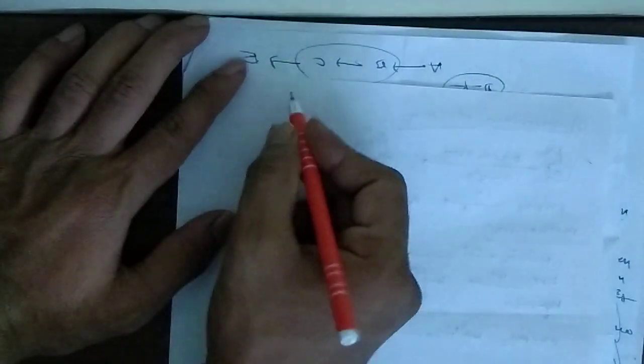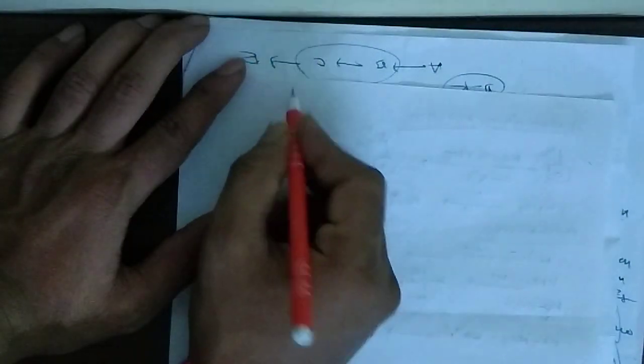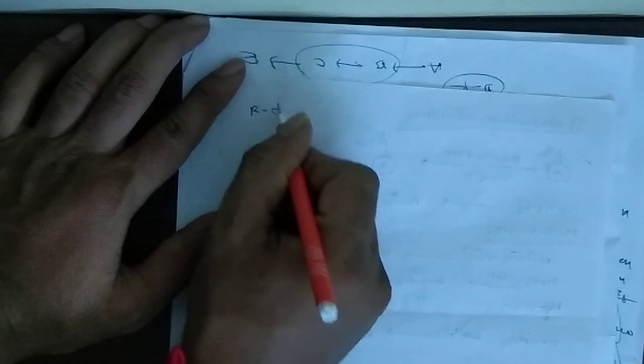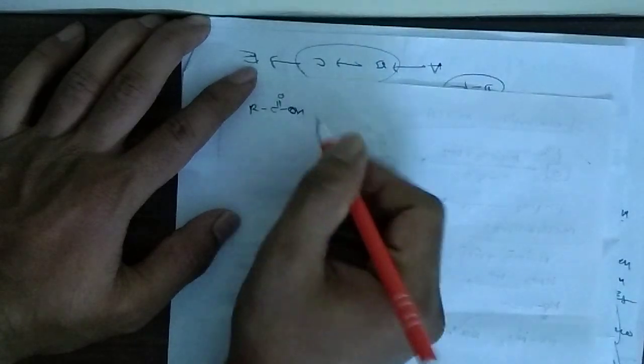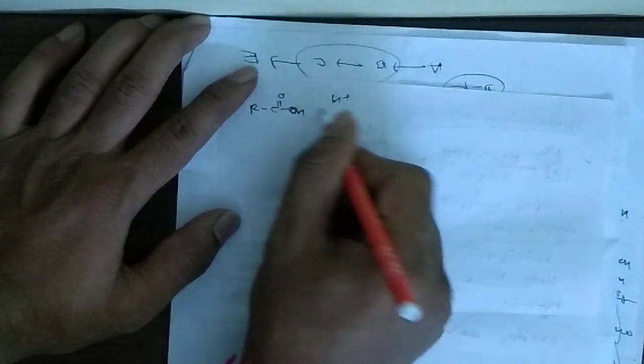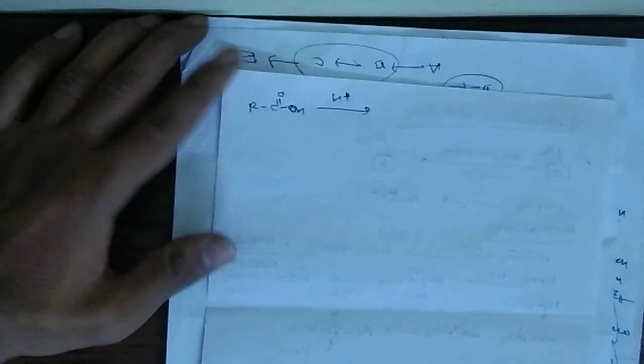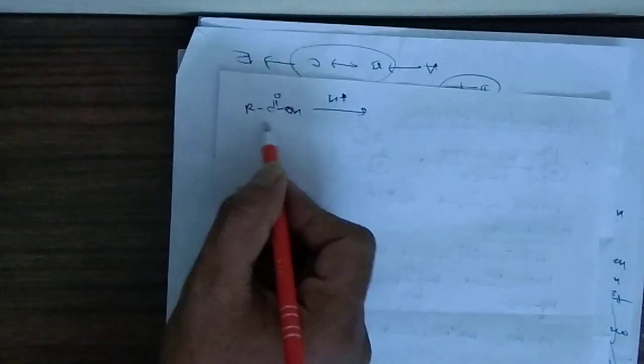Now let's come to the mechanism of that reaction. Here acetic acid is there, and acidic medium is also present. This is itself an acid, and again acidic medium is there.